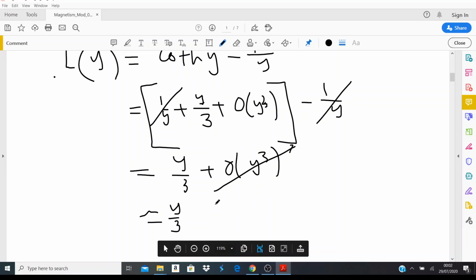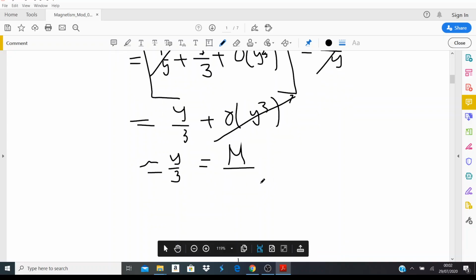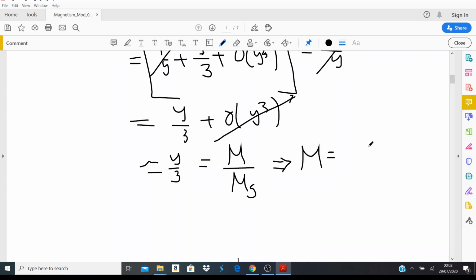That's our understanding, and we know what this Langevin function is, right? That's the ratio of the magnetization of the material to the saturation magnetization. So from this, you can see what is the value of M. That's like Ms times y by 3.